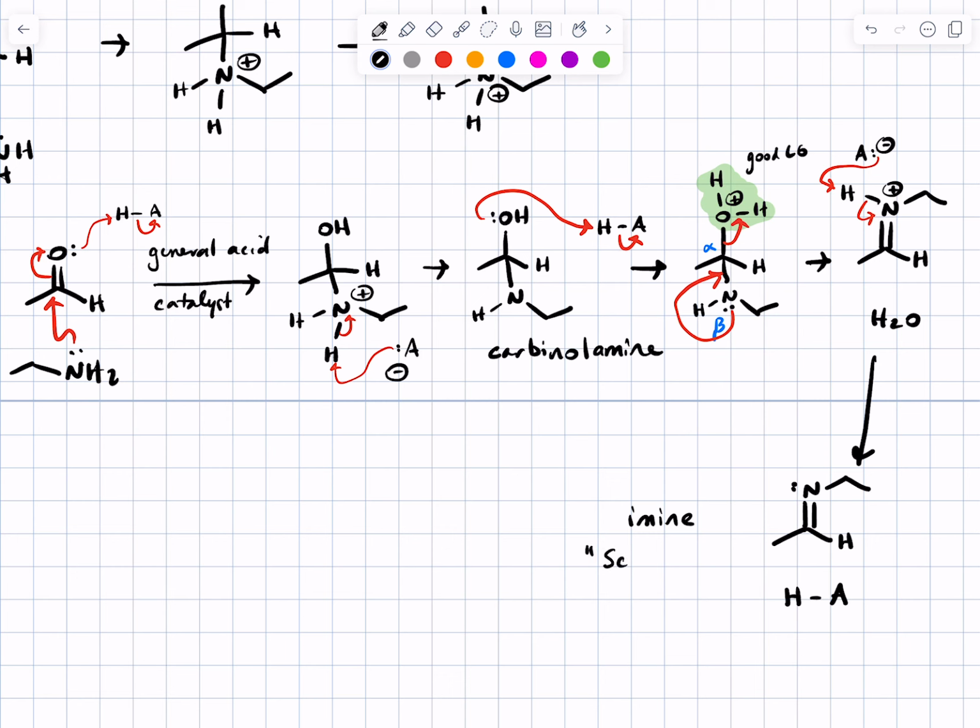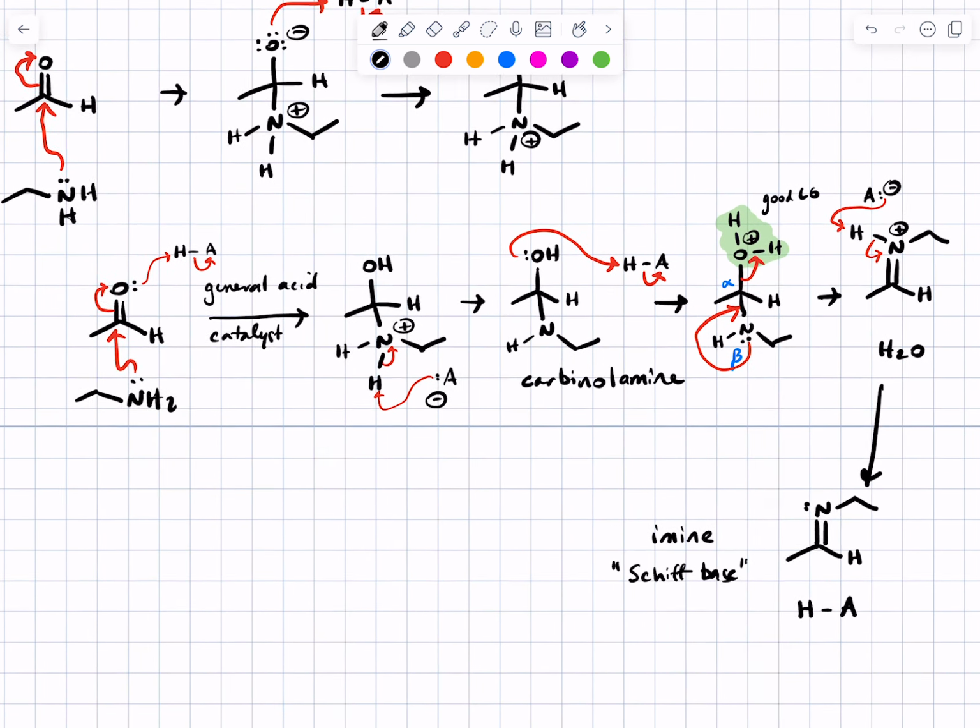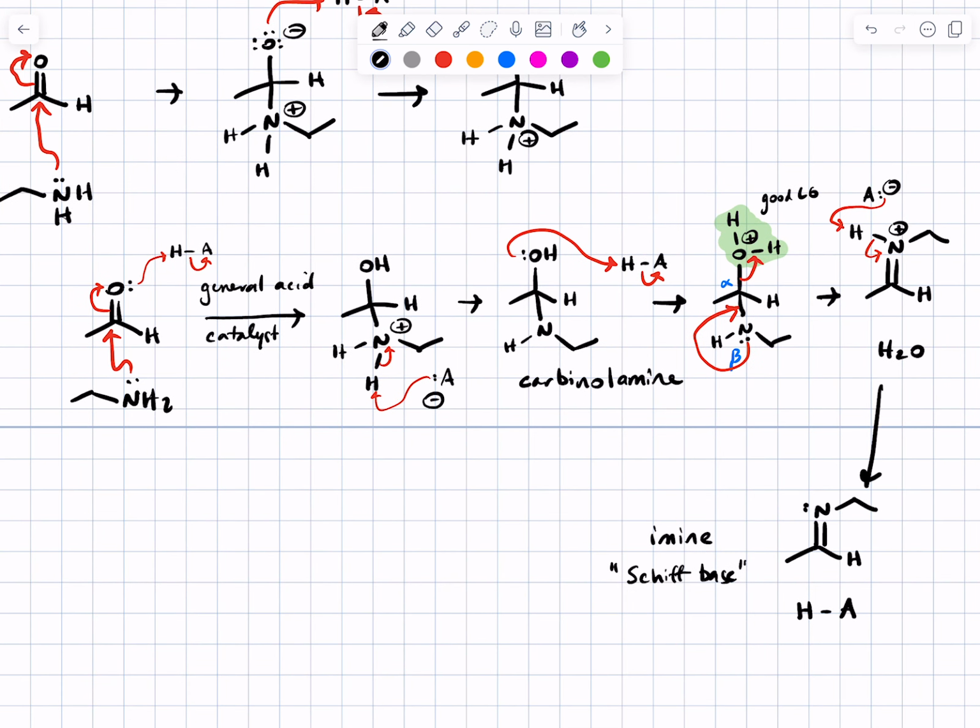Some biochemists will call this a Schiff base for reasons that are no longer important, but you'll still hear that term. Okay, so primary amines react with aldehydes and ketones with an acid catalyst to give you the imine product. Okay, questions about that?